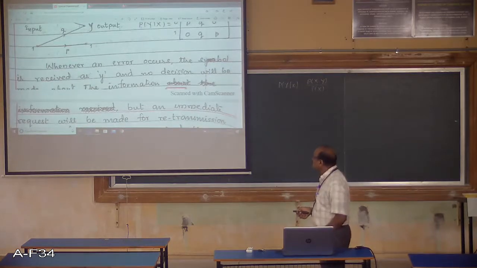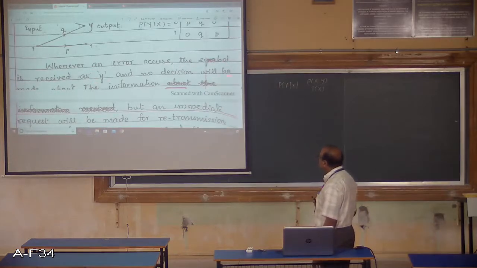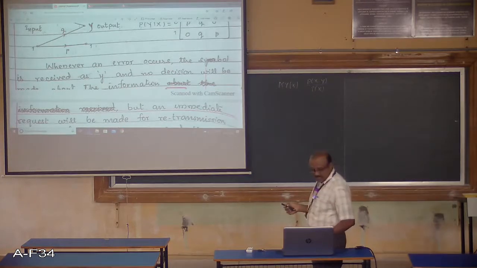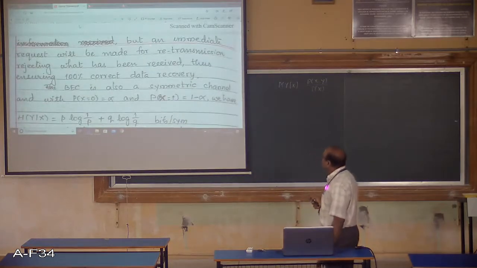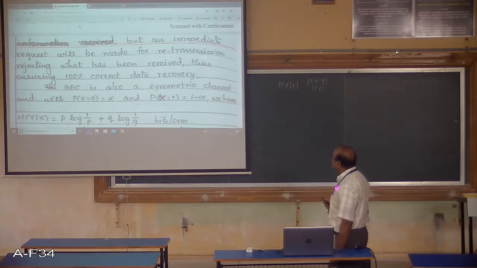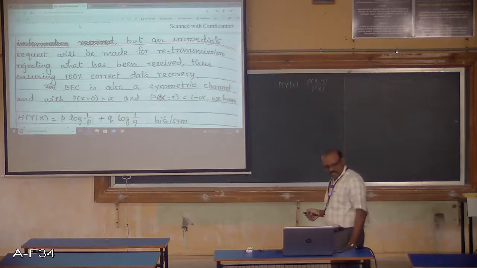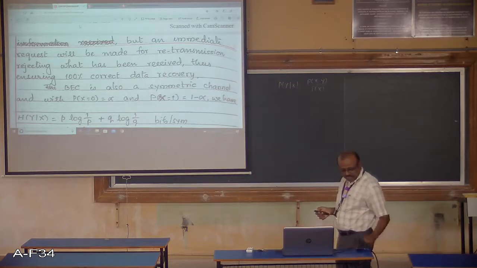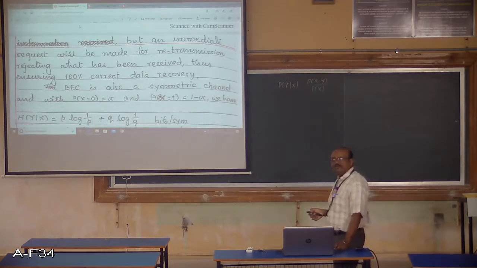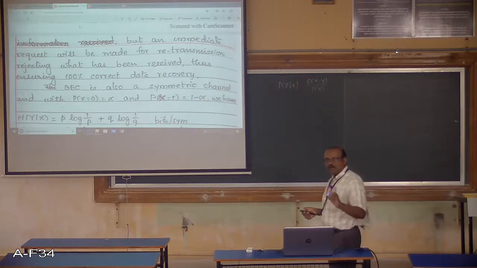what is the channel capacity? When an error occurs, the symbol received is y and no decision will be made about the information, but an immediate request will be made for retransmission, rejecting what has been received. We have seen in error correction methods that there is one option of correcting the errors in the receiver itself.